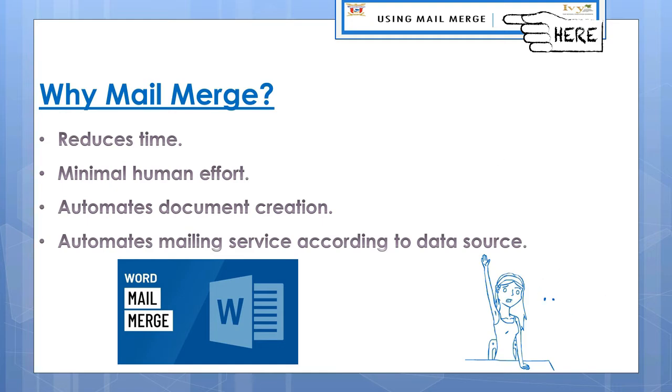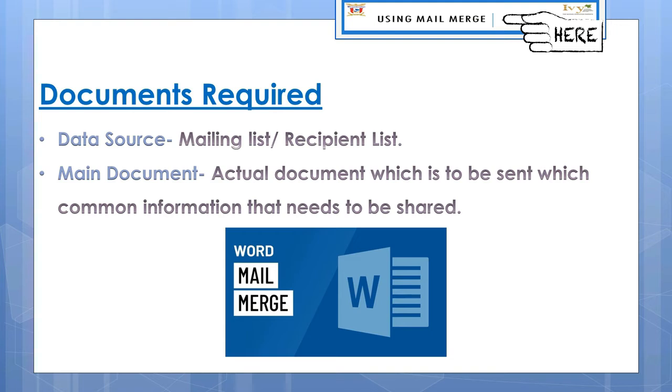As I told you, there are two different kinds of documents required for this. The first one is the data source, which consists of the mailing list, or what we call the recipient list. That means the people. It includes the names and personal details of the people who will be receiving those letters, applications or invitations.